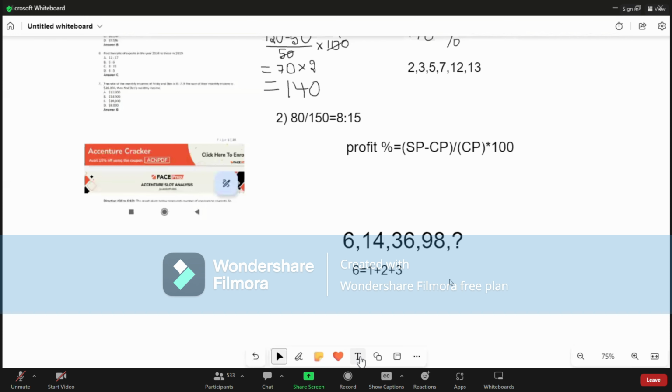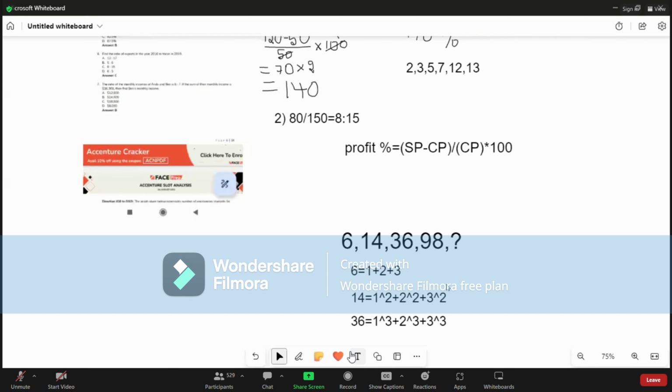And then next, 14 as 1 square plus 2 square plus 3 square. And next, 36 is 1 cube plus 2 cube plus 3 cube. And similarly, 98 is, sorry, 1 to the power 4 plus 2 to the power 4 plus 3 to the power 4.